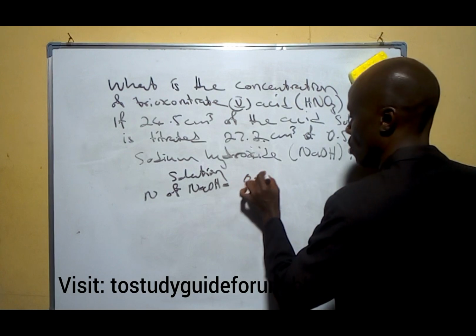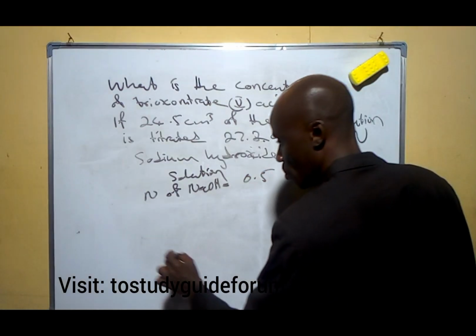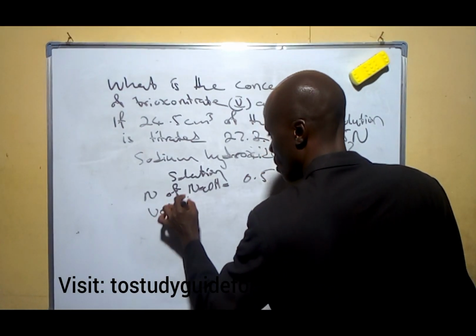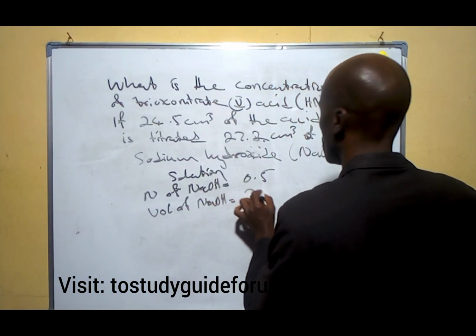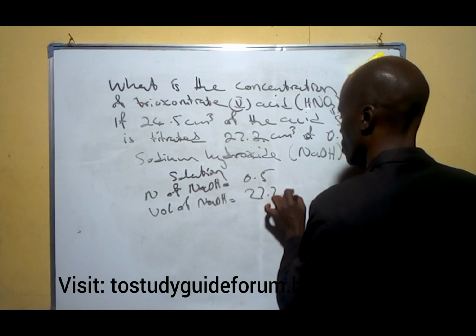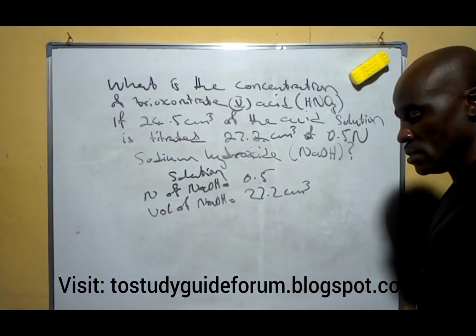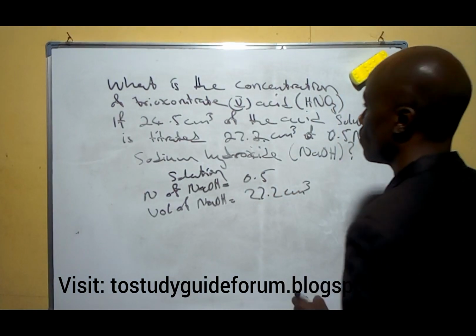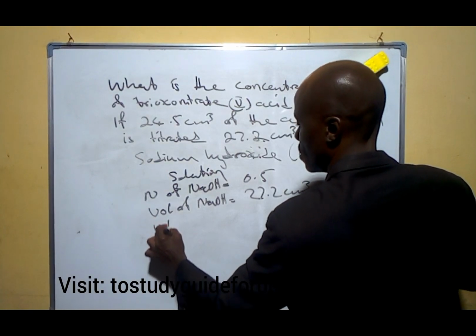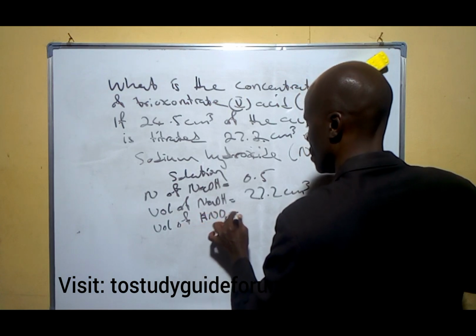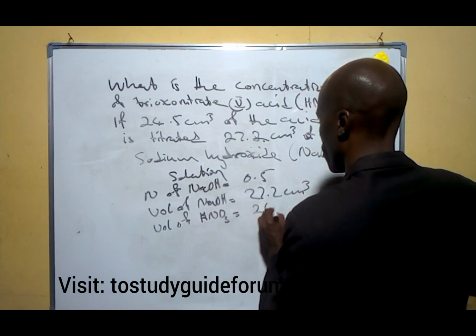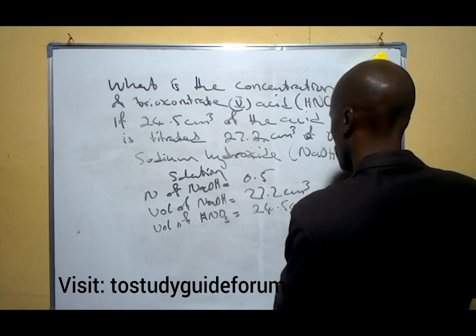is 0.5. The volume of sodium hydroxide is equal to 27.2 cm cube, and the volume of the acid, the nitric acid, is 24.5 cm cube.